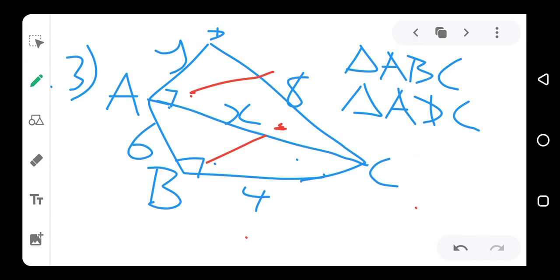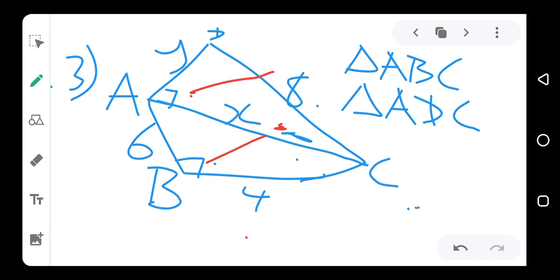Now for the other one, for triangle ADC, we now know our line AC as 2 root 13. So this place is now 2 root 13. Now for ADC, we now know line DC, which is 8, and we know line AC.